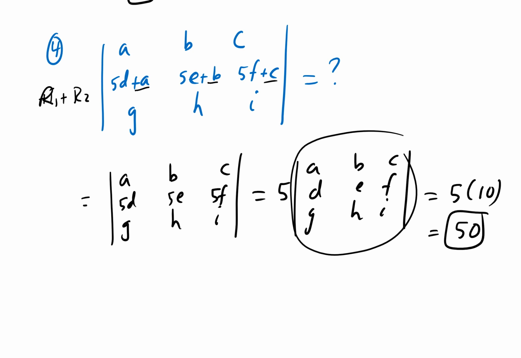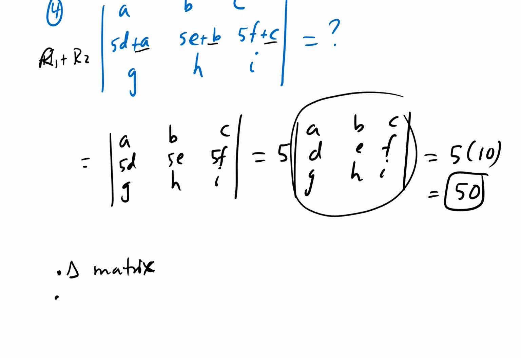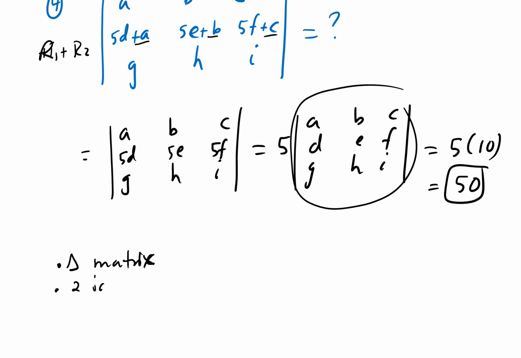Can you get it to be a triangular matrix? Or can you get it to be 2 identical rows or columns? Or can you get a 0 row or 0 column?